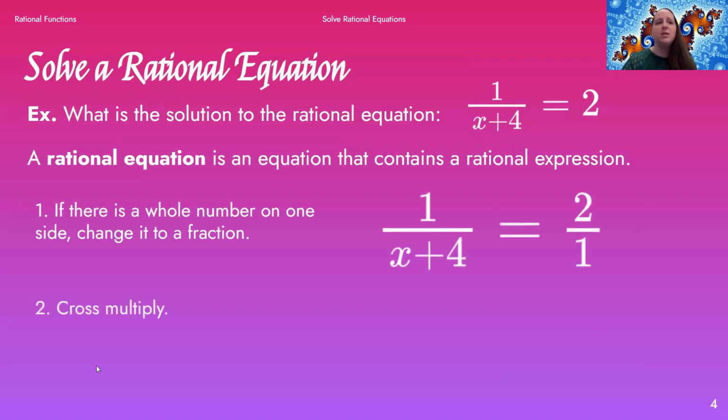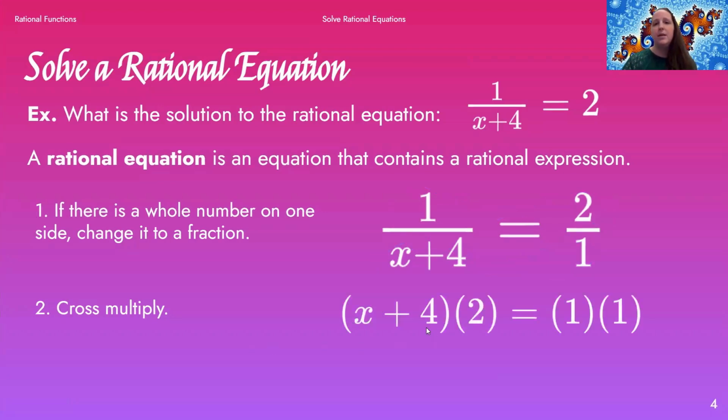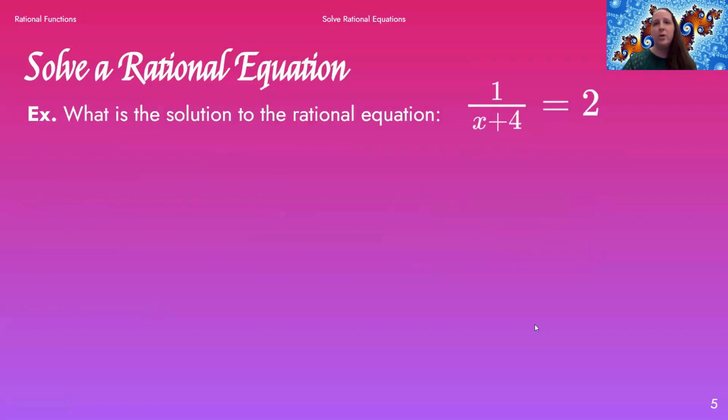We're going to cross multiply. So we're going to multiply 1 times 1, and then the x plus 4 times 2. That is going to give us this, and then we're going to simplify it.